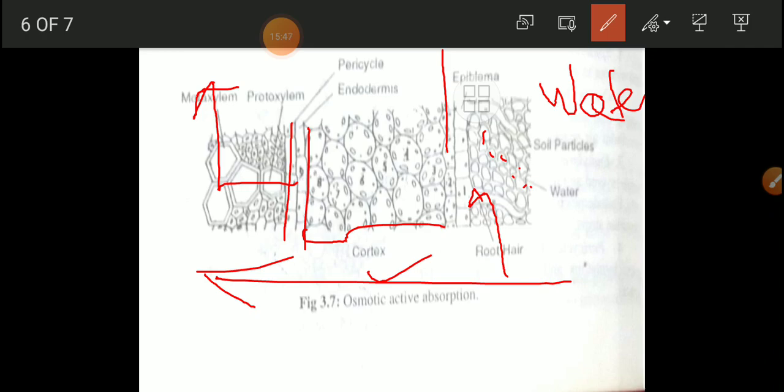So rapid entrance of water takes place through the root hairs, and then it reaches the xylem cells through the epiblema or epidermis, then cortex, endodermis, pericycle and xylem.